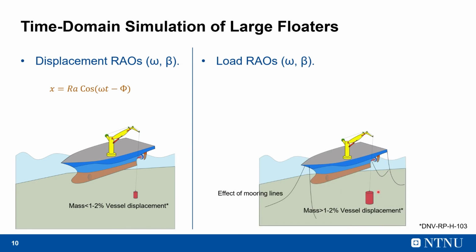However, in a case where the suspended mass is, for example, greater than 1 to 2% of the vessel displacement, or if you want to take into consideration the effect of the mooring lines, then you have to use the load RAO option. In this case, the equation of motion is solved with the load RAO multiplied with the sea surface elevation to give the wave load.